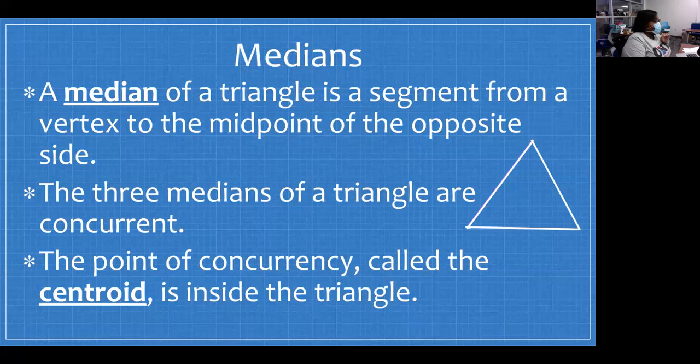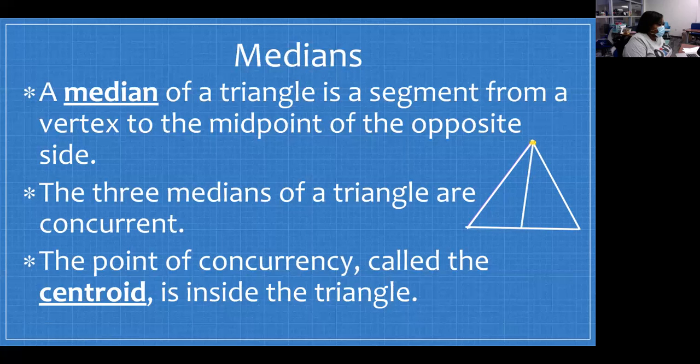What is important to note that you won't be able to see when I draw this, because you can only see the end result, is that the median is going to start at the vertex.